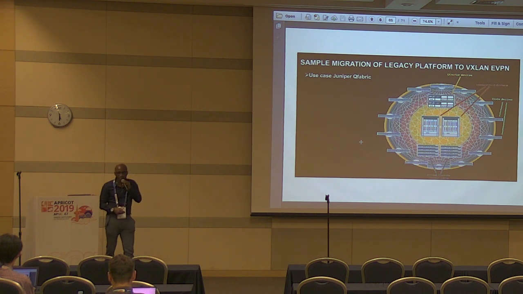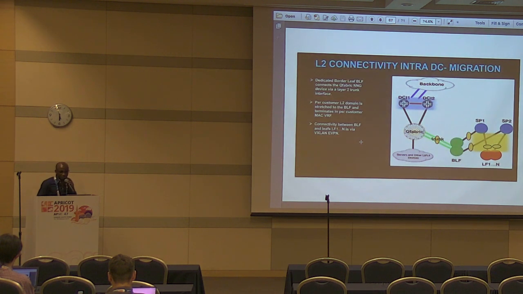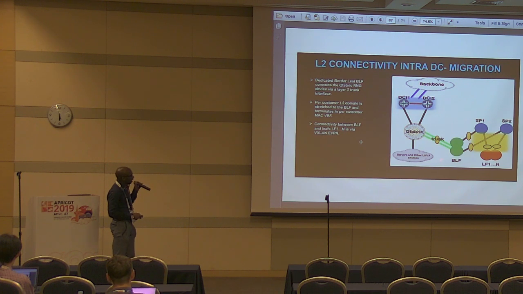So what I'm doing here is migrating services off these legacy platforms onto a VXLAN EVPN design. Again, what I've done is pretty straightforward. I have a dedicated border leaf connected to the legacy switch. This can be any legacy platform, to be honest. Have it trunk down.